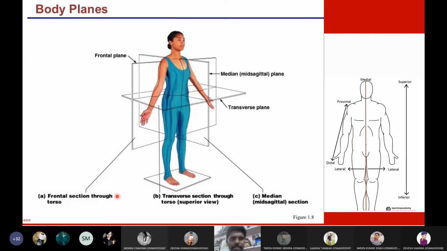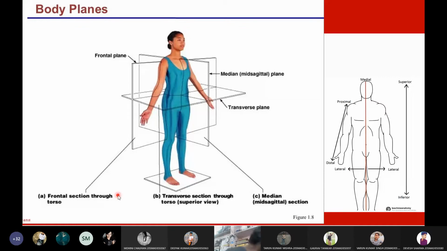So how can I explain the frontal section? Students, imagine I'm cutting the head from the middle like this. I need a thermocol.